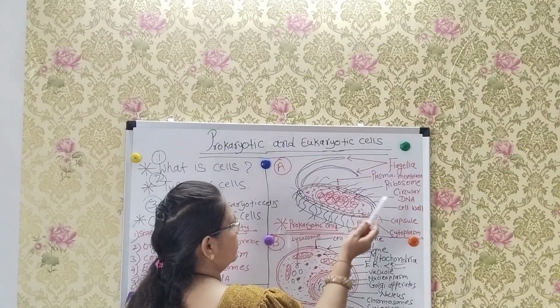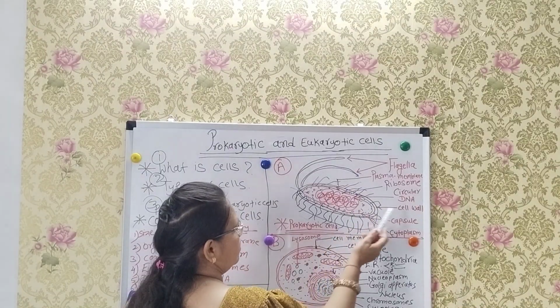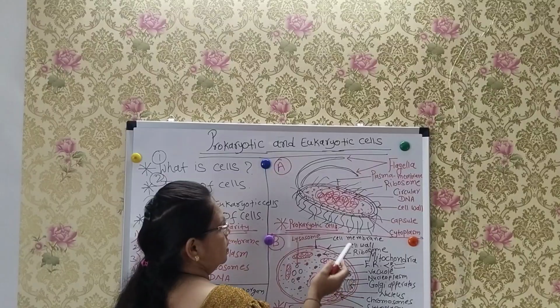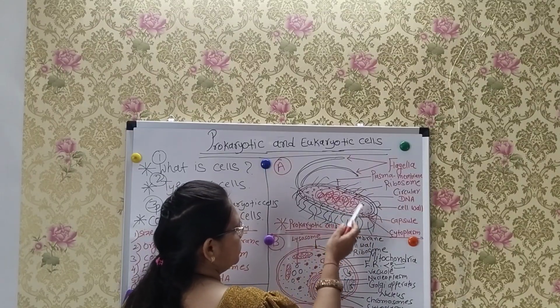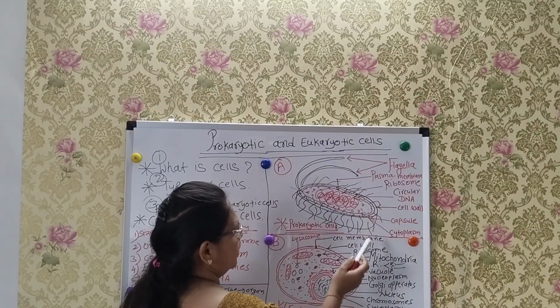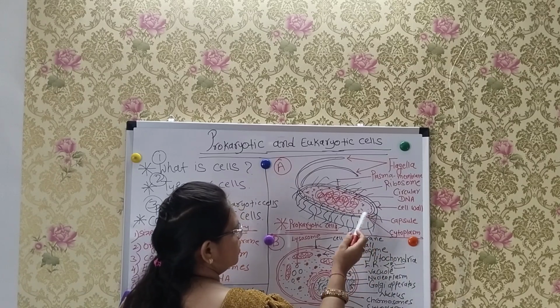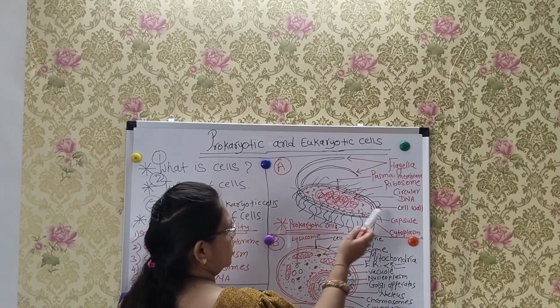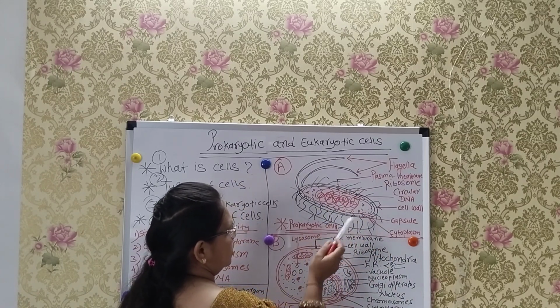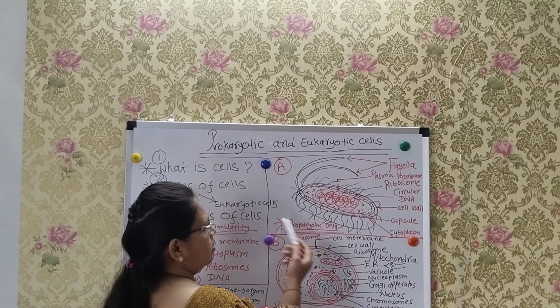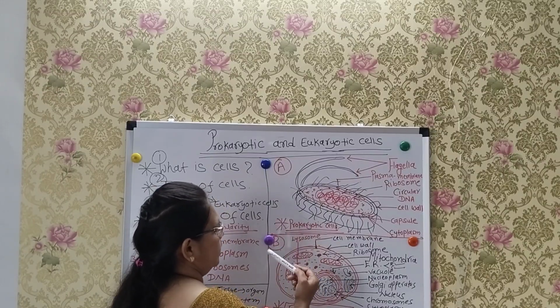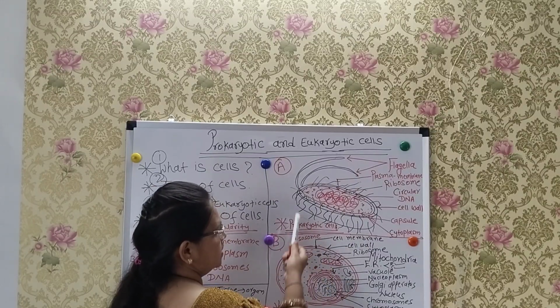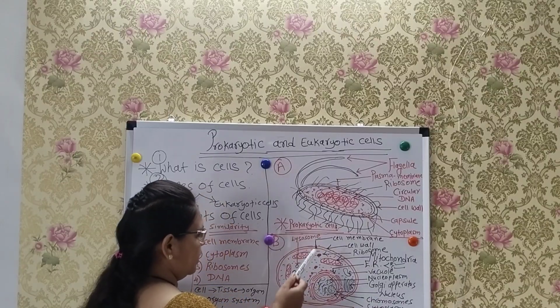The cell is covered with a membrane, we call plasma membrane, and cell wall. Circular DNA, cytoplasm, and ribosomes are found in prokaryotic cells. Other organelles like mitochondria, lysosomes, and vacuoles are absent in prokaryotic cells.